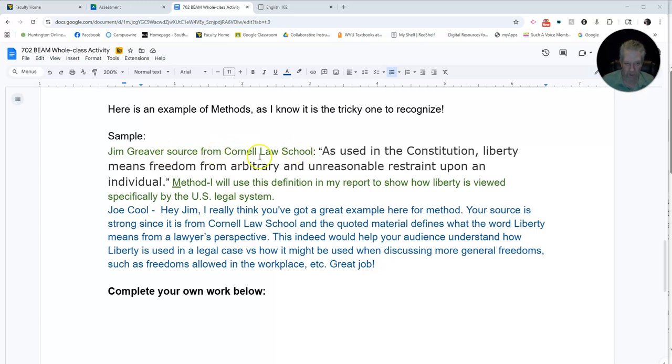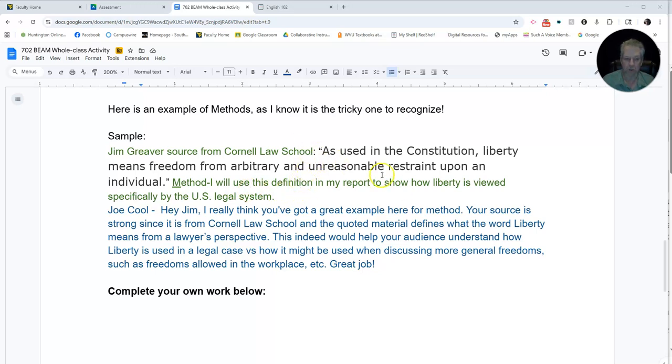So I'm saying that this is from Cornell Law School, and then what it says here, this is my made-up quote: "As used in the Constitution, liberty means freedom from arbitrary and unreasonable restraint upon an individual." And then I say that I believe it's methods because I'm going to use this definition in my report to show how liberty is viewed specifically by the U.S. legal system.